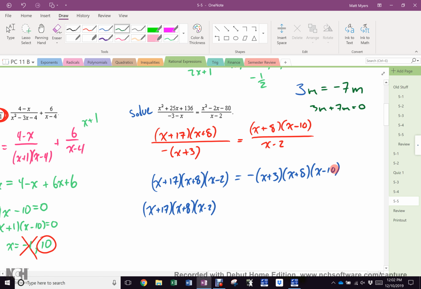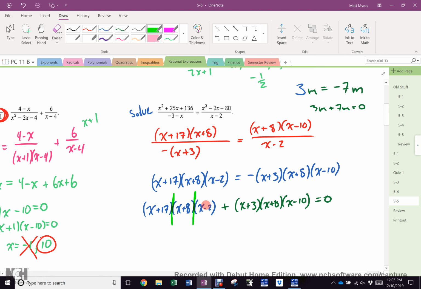So what's going to happen here? x plus 3, x plus 8, x minus 10, yes? Equals 0. Now, what do you see? What math is happening there and there?